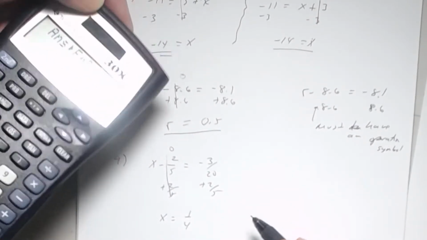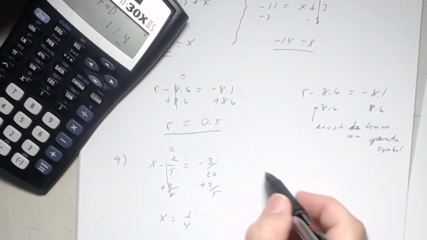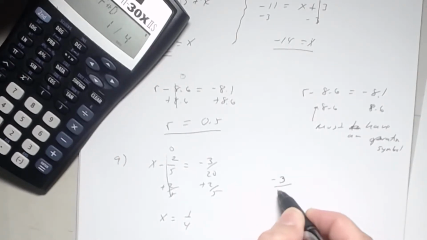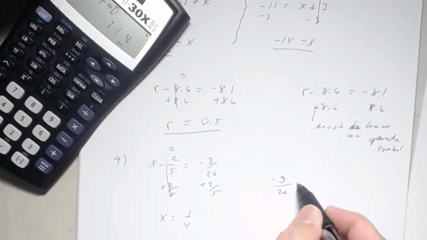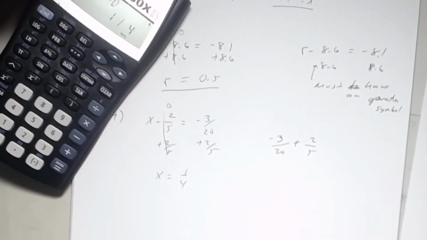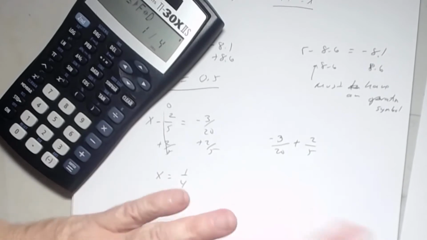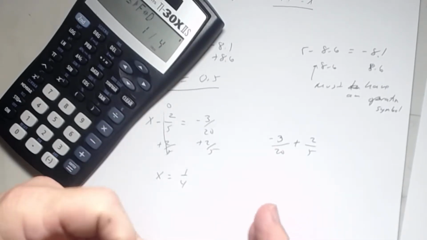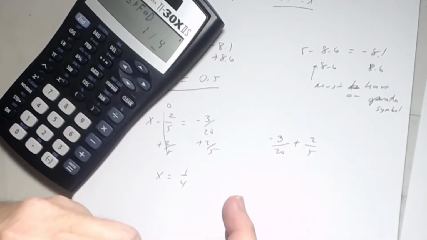All right, now, let's do this a long way, without a calculator. We have negative 3/20 and a positive 2/5, correct? What's the LCD? 20. The smallest number that 20 and 5 go into is 20.